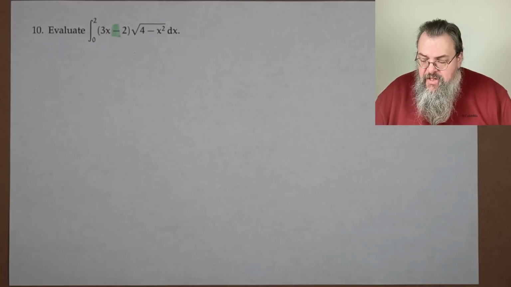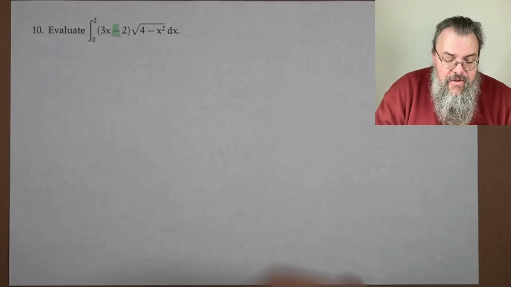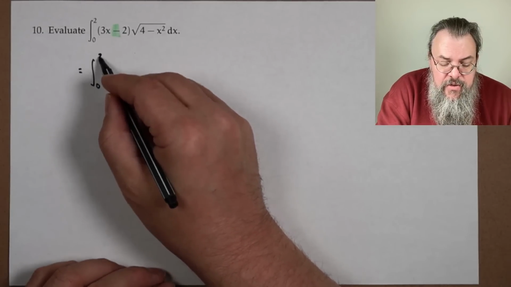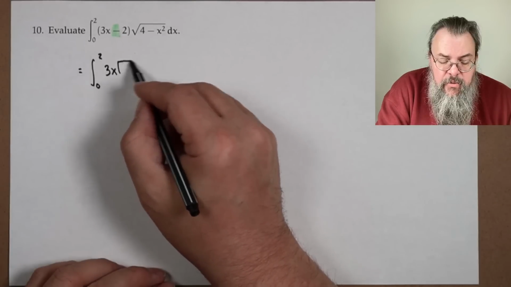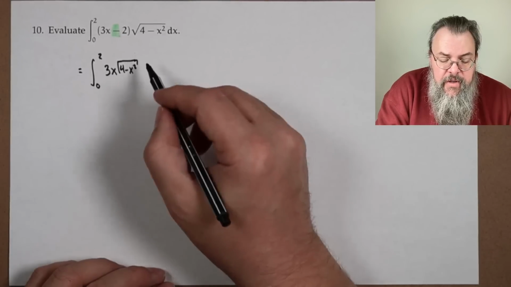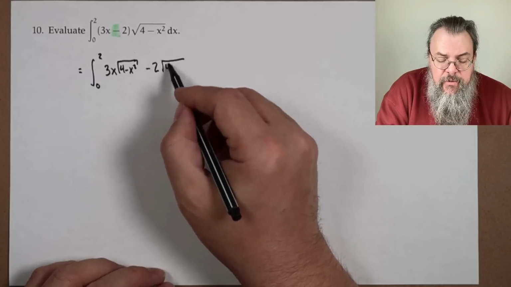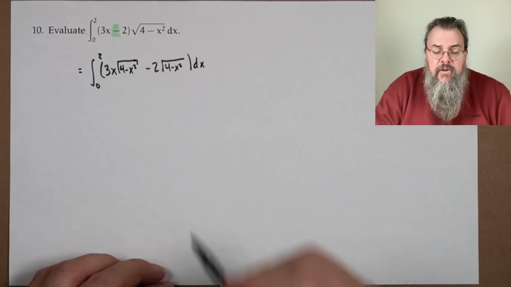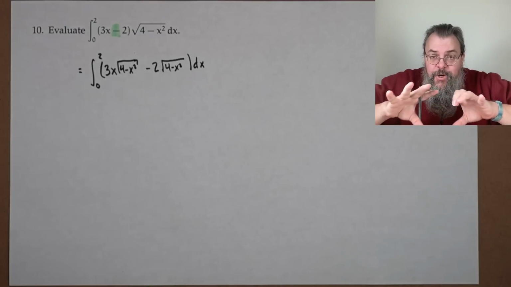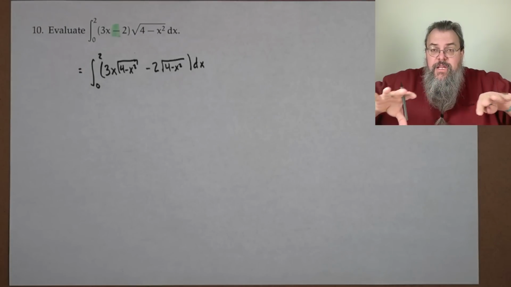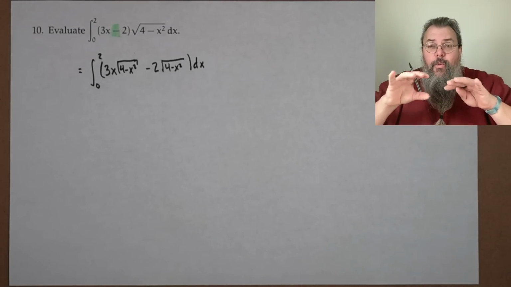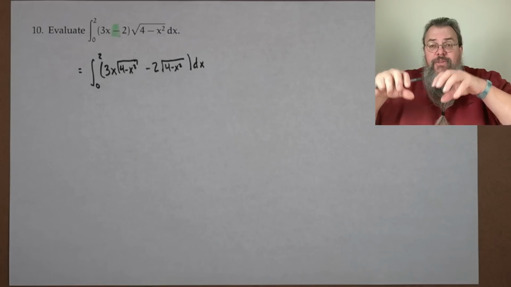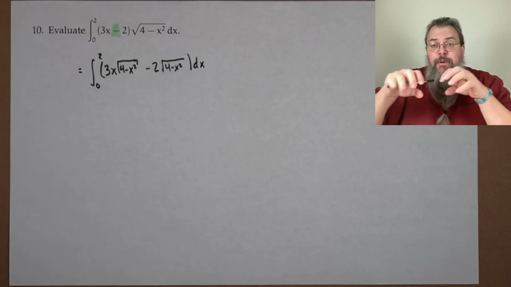So one thing we can do is rewrite this. This is the same as the integral 0 to 2 of 3x square root 4 minus x squared minus 2 square root 4 minus x squared. So multiply through. And here's the great aha: we can further say, look, these are two completely separate integrals. Now, why would we want to separate? Well, it turns out that sometimes you want to use different techniques on different parts.